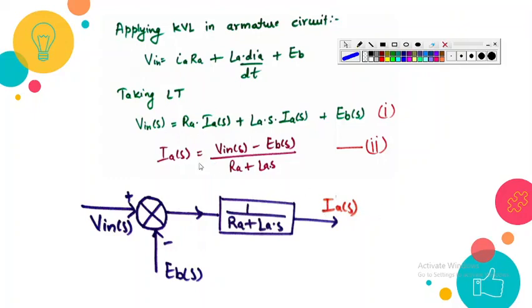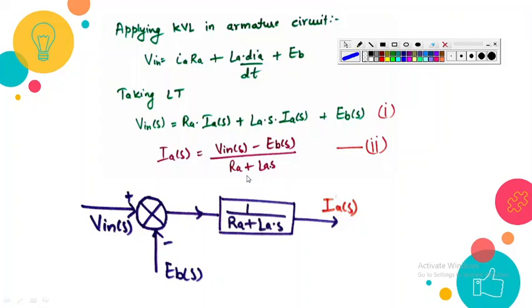Yes, it's definitely equal to Ia(s). So your equations can always be converted into block diagrams. Whenever you have any equation, you just see what are the variables and what are the constants, and then you can form the block diagram using these equations. So this is the first thing, this is the second thing.